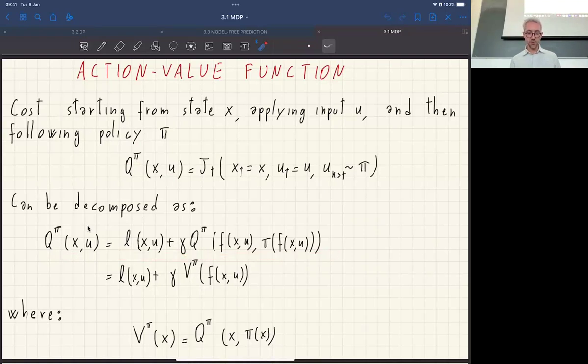So the Q function can be computed as the cost associated to the current state and control, plus the discount factor times the Q function associated to the next state and the action that would come from applying policy pi at the next state. And this object can be rewritten simply as the value function of the next state for the policy pi.